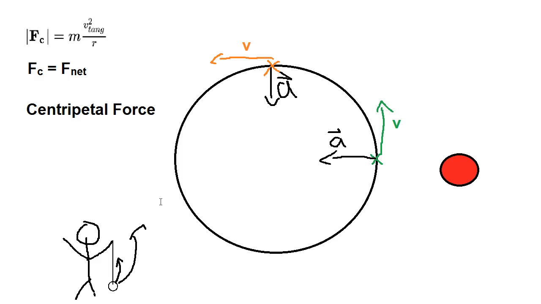It's known as the centripetal picture, and it is the technically correct picture because it is seen by the external observer. So if you're the external observer, you see this thing go around in a circular path, you notice that there must be an acceleration and a force inwards, and because that's an acceleration that you are seeing with your eyes, that centripetal force must equal the net force.